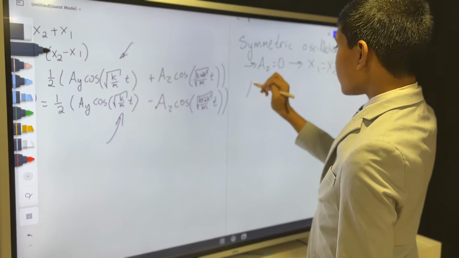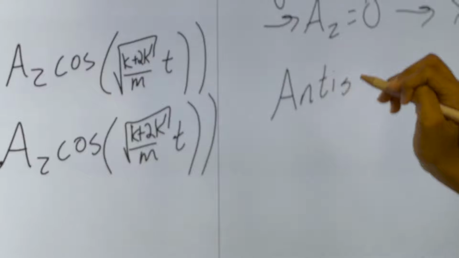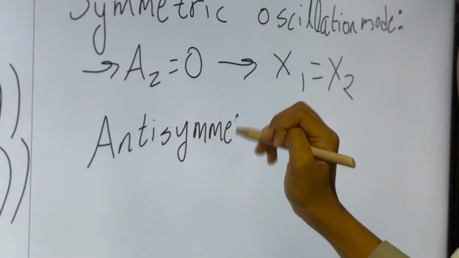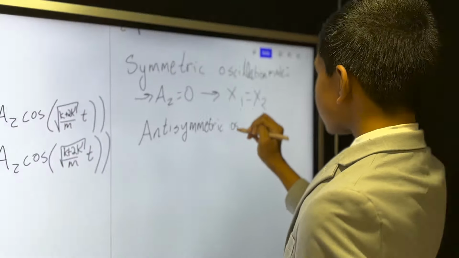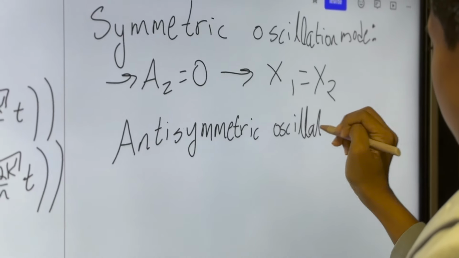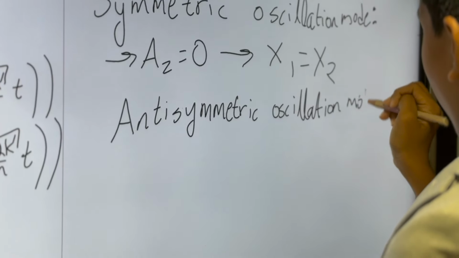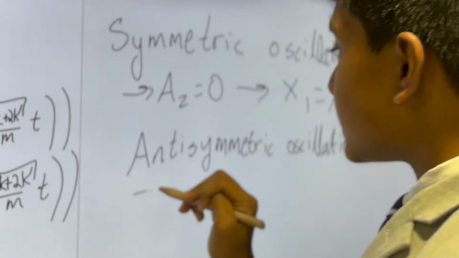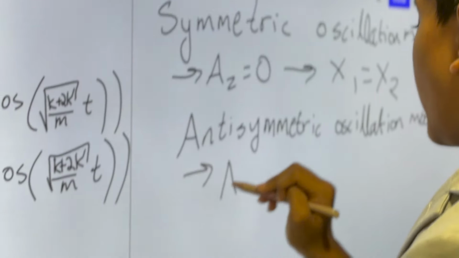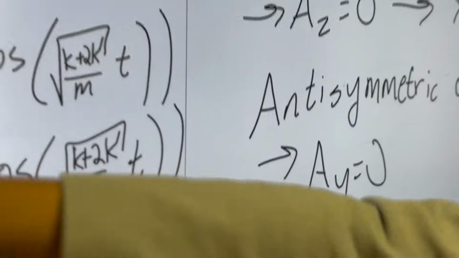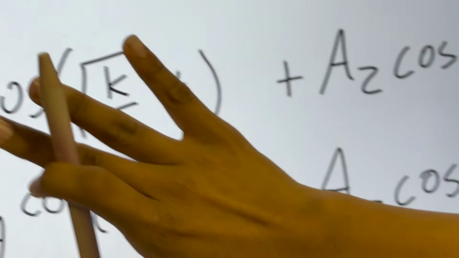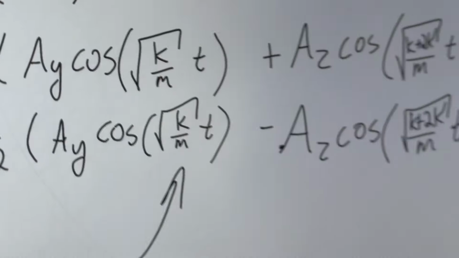And the anti-symmetric oscillation mode is quite similar, except that instead of az being 0, ay is equal to 0, which you might discover leads to x1 and x2 being negatives.